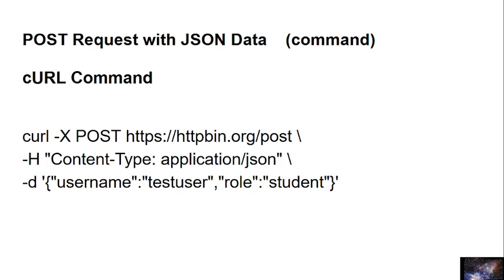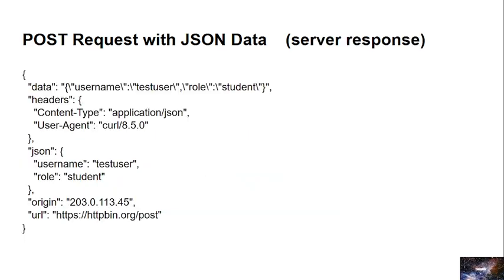So you can do that. Now let's continue. So this is the server's response. The data, username test user, roles, then header, content type JSON. So you see the response is sent back, like validating it.